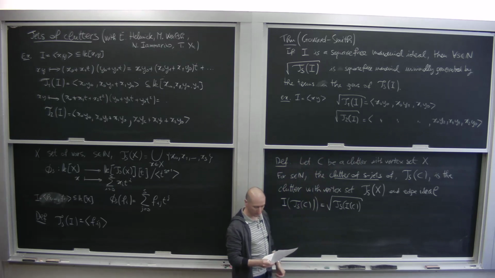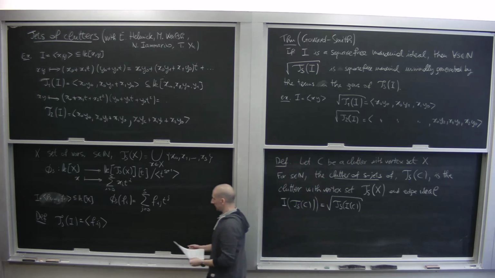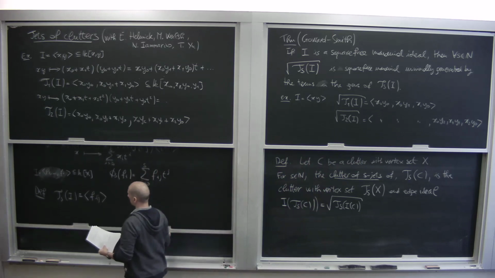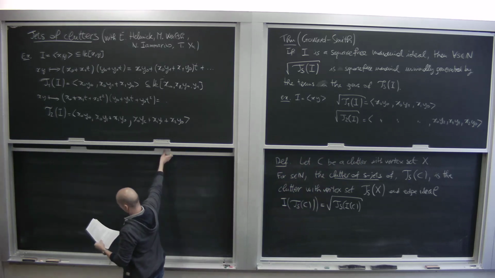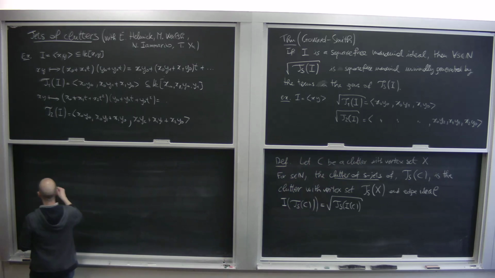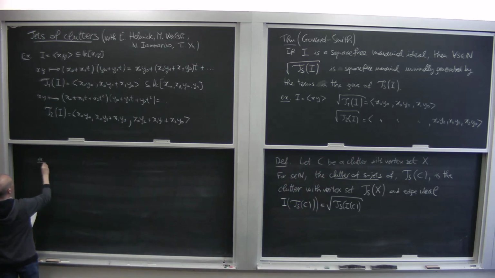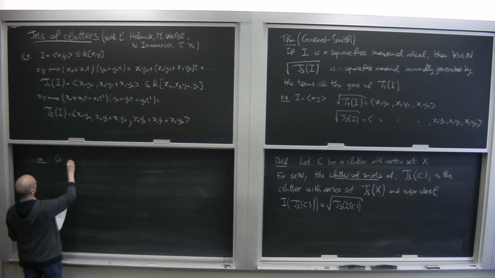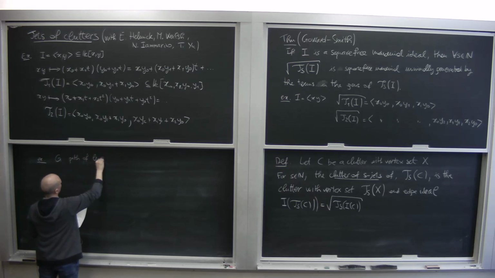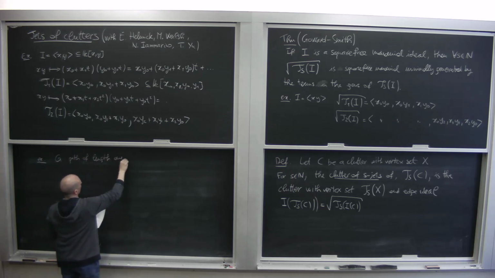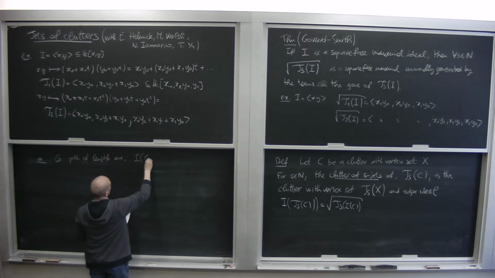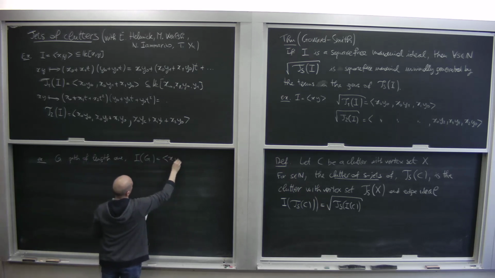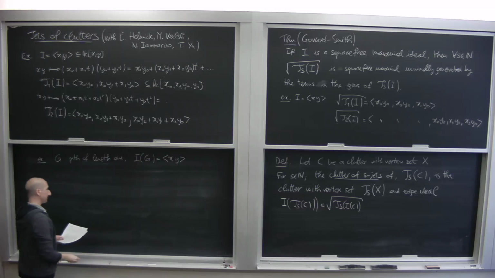Okay, and to give you examples, maybe I'll put it here. I'll try to keep it around in case we need it. So again, now I'm going to do an example with a graph, right? So G is a path of length 1. Its edge ideal is exactly the one that I gave you before.